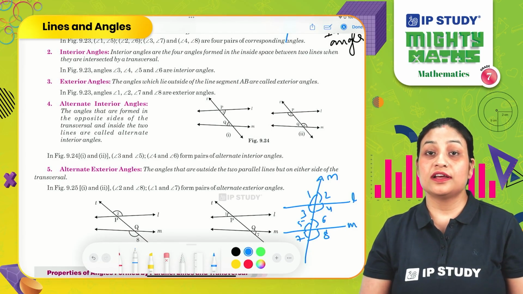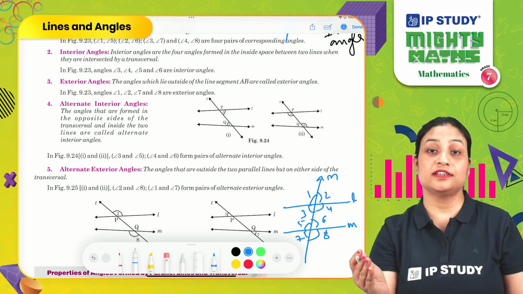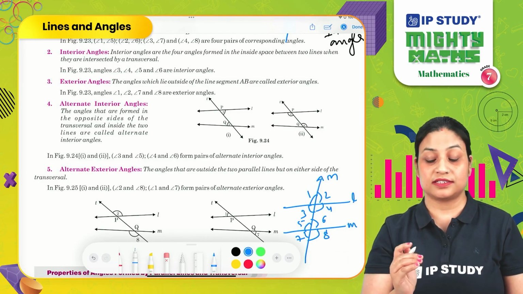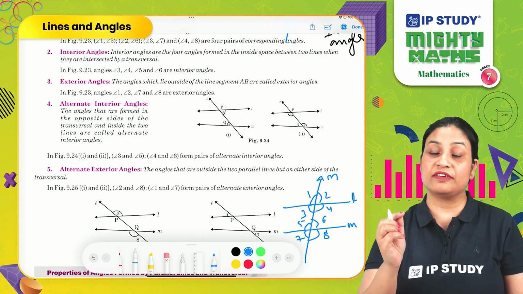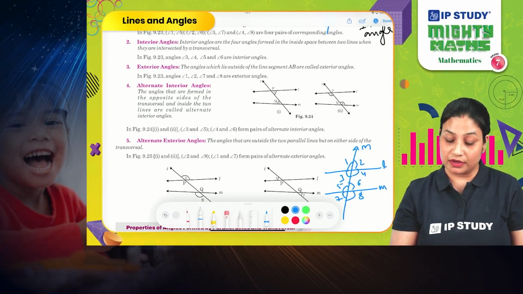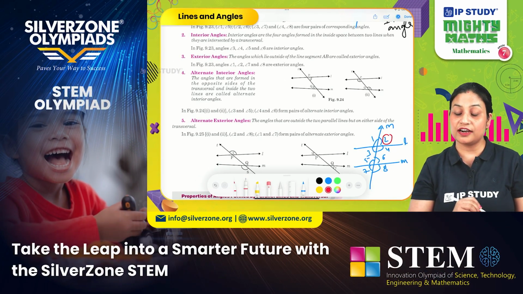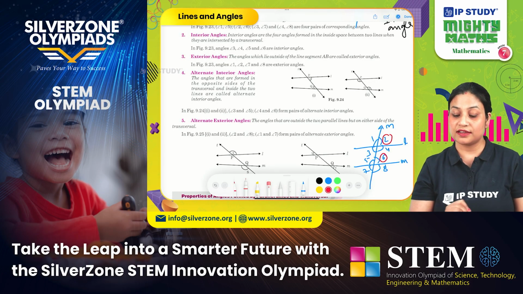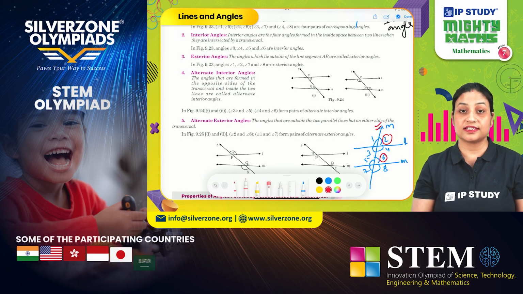Now students, the angles which are formed on the same side of the transversal are called corresponding angles, in which one angle will be outside the parallel lines and one will be between the parallel lines. Let me show it over here. Let me take a red color for this. Can you see this? Angle 2 and angle 6. They are on the same side of the transversal, right? Angle 2 and angle 6.